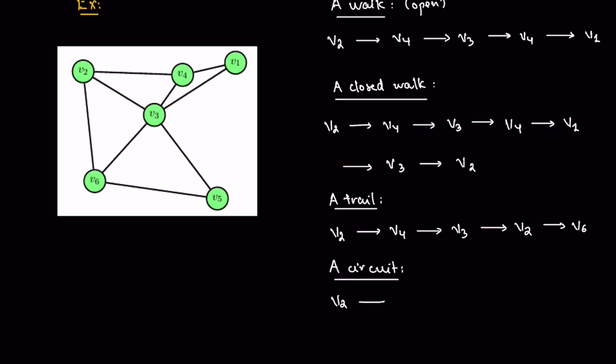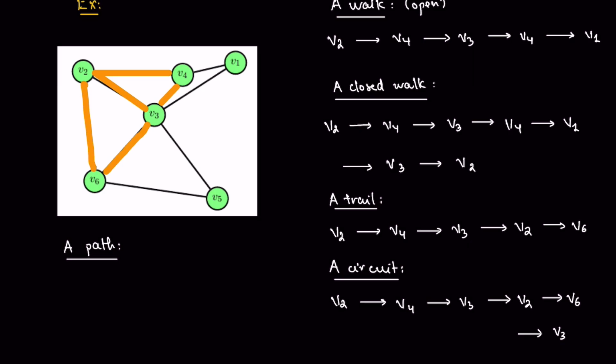So V2 to V4, then go to V3, then you can go to V2, go to V6, and then you go to V3 to close the graph. So V2 to V4, V4 to V3, V3 to V2, V2 to V6, and V6 to V3. So that's the circuit.